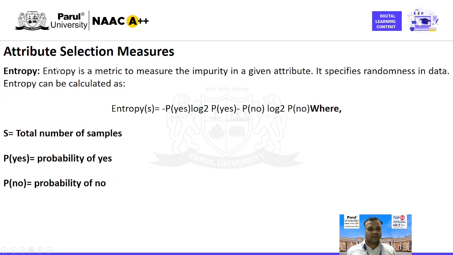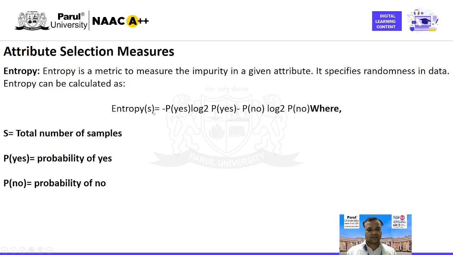So what is entropy? Entropy is a metric to measure the impurity in a given attribute. It specifies randomness in data, so we can calculate the entropy by the given formula.